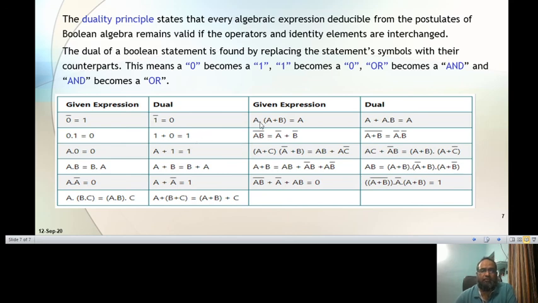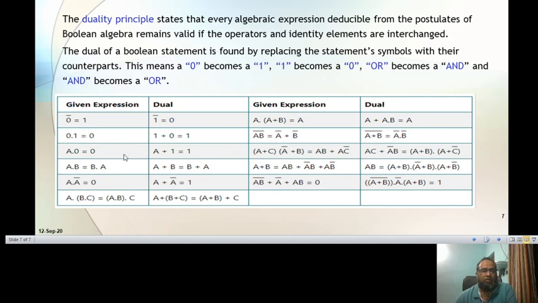For example, the dual of 0 bar is equal to 1, and then 1 bar is equal to 0. Similarly, 0 into 1 is equal to 0; its dual is 1 plus 0 is equal to 1. You can see 0 into 1 or 1 into 0, the AND operation, gives a value 0. Its OR operation, 1 plus 0, gives a value which is the dual of 0, nothing but 1.